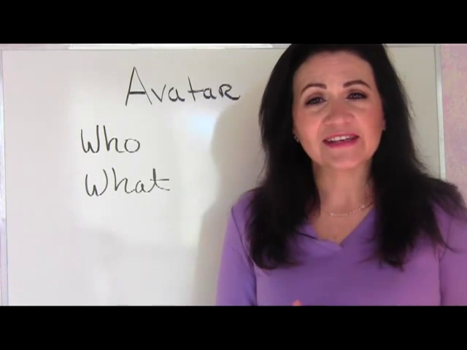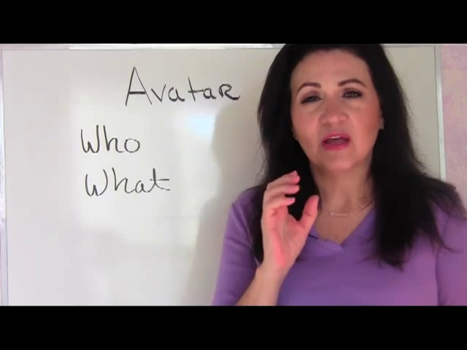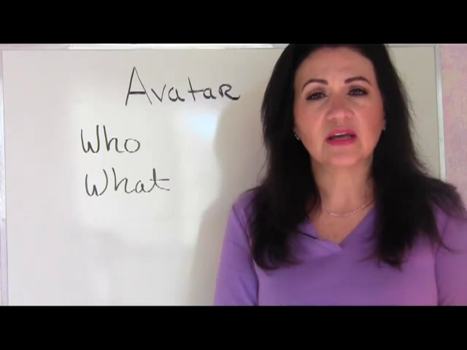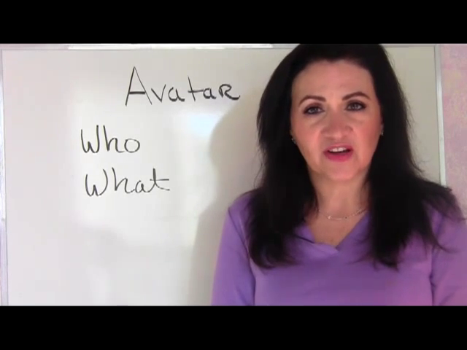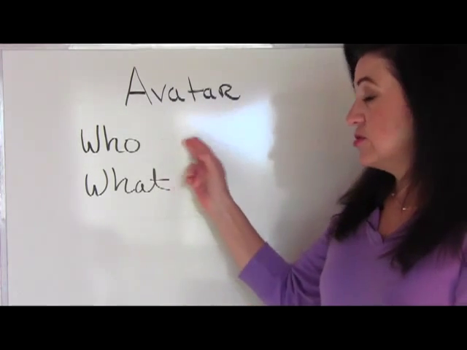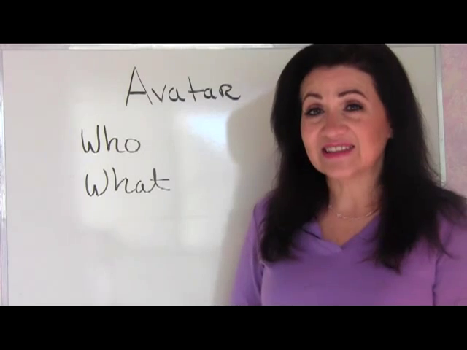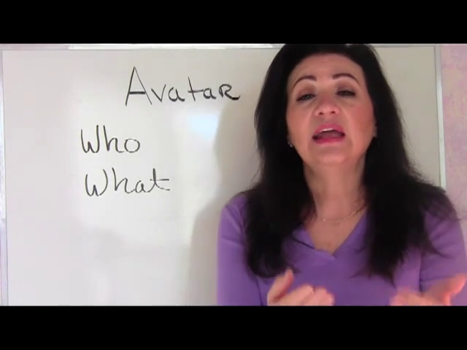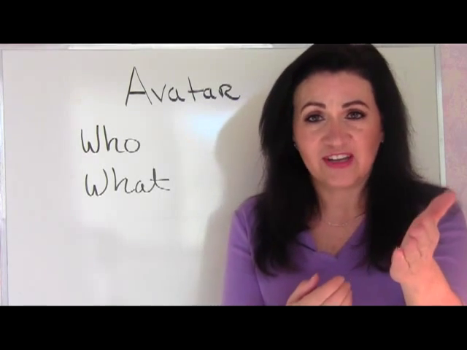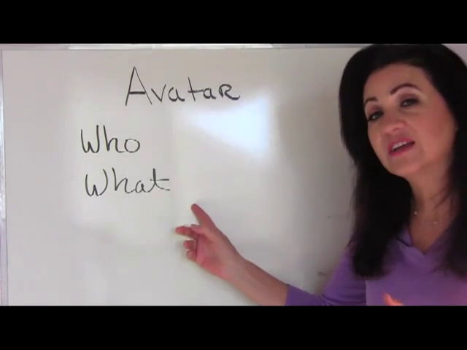You can look in a magazine or online and take a picture of something that identifies with who you think that person would look like. So that's the who. You want to get that detailed with who this individual is and how you can help them. And that's where the what comes in.